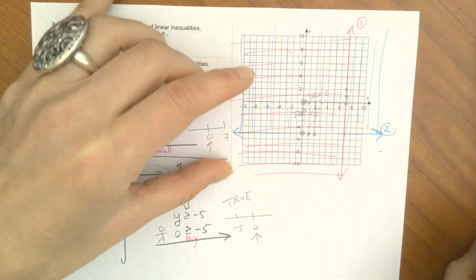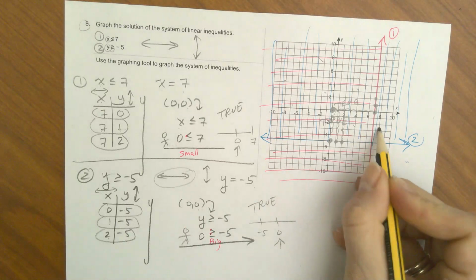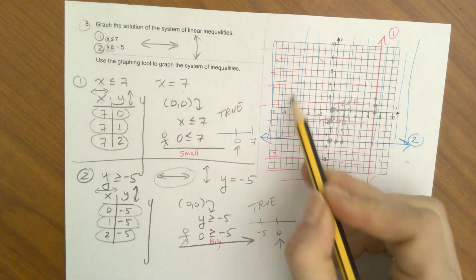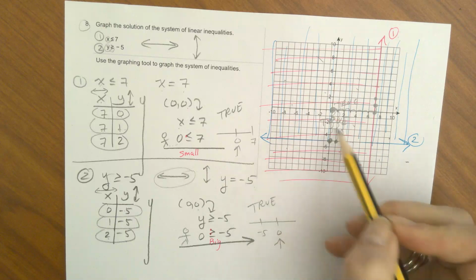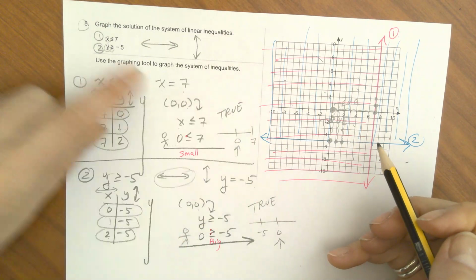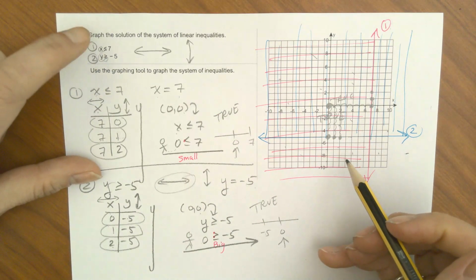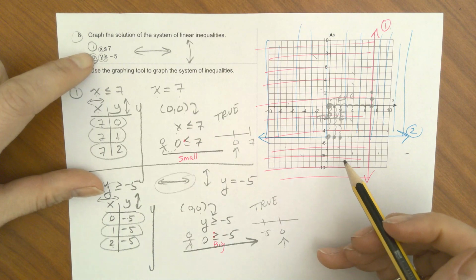There. So now I have 4 sections. No color, one color, one color. This area has 2 colors. So that means any point from this area that I take and substitute into these 2 inequalities will make these 2 inequalities true. And that's the game.